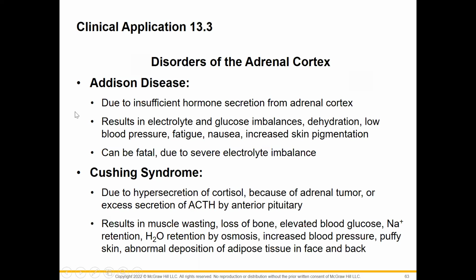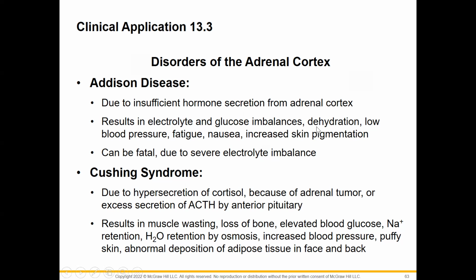When you have insufficient hormone production from the adrenal cortex, that will result in imbalances in both your electrolytes because of those mineralocorticoids and imbalances of the glucose because of the glucocorticoids.